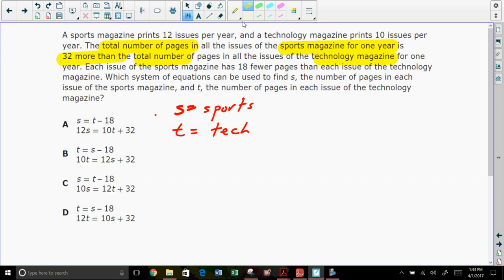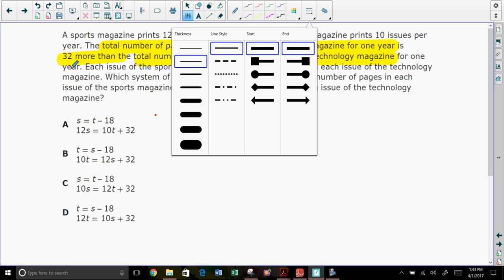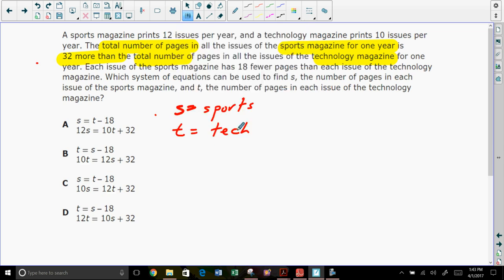Now that we know that, we can fill in some of the information. The total number of all the pages in a sports magazine is going to be 12S, since there are 12 issues in the year: the number of pages in a sports magazine times 12 will give us all the pages for 1 year.